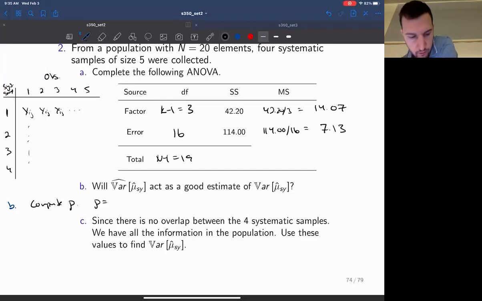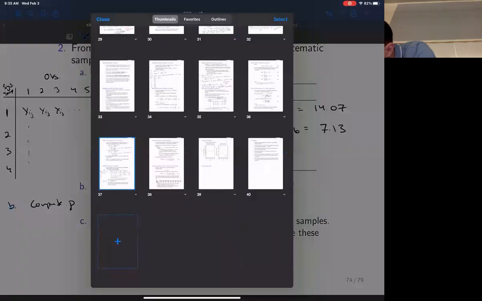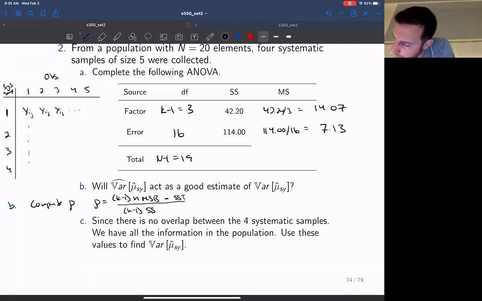So rho is equal to, from the previous slide, k minus 1 multiplied by n multiplied by MSB minus SST, sorry, divided by n minus 1, or is it k? Just need to check that real quick. N minus 1 multiplied by SST.